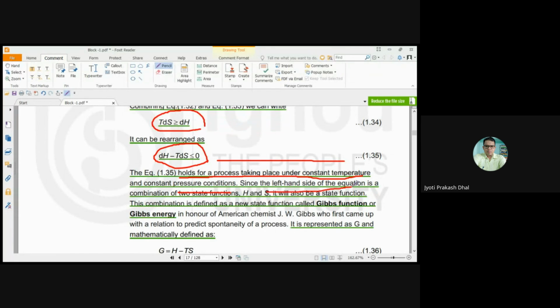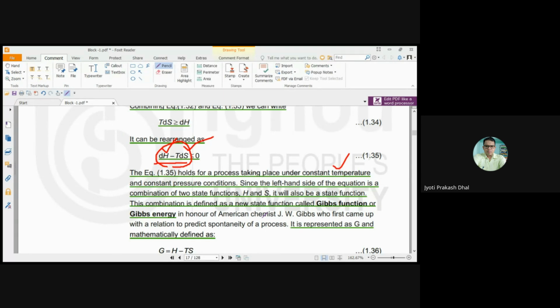Since the left hand side of the equation is a combination of two state functions, and we know that enthalpy is a state function and entropy is a state function, at constant temperature the total expression of the left hand side gives rise to another new expression, called the Gibbs function.